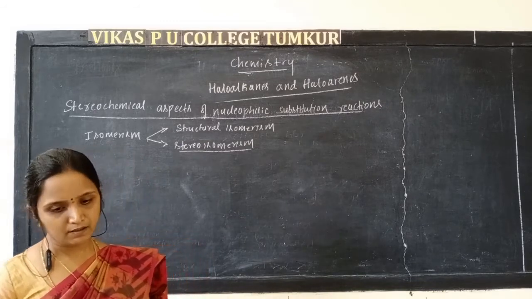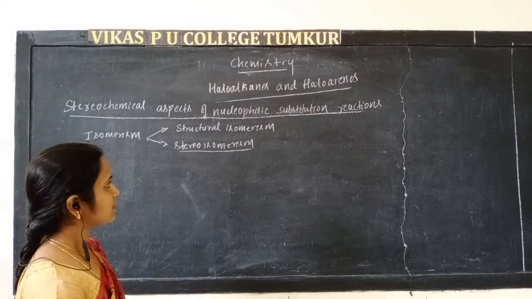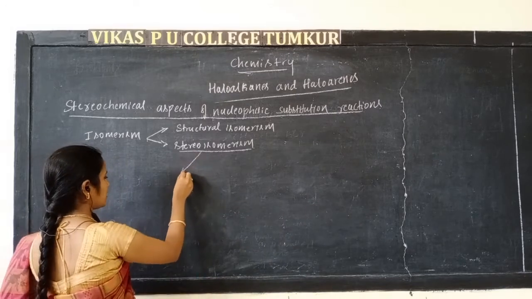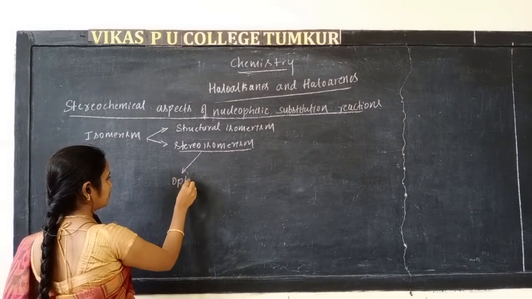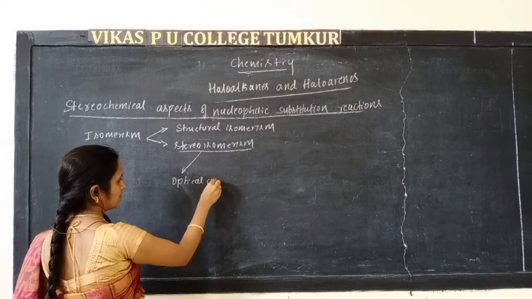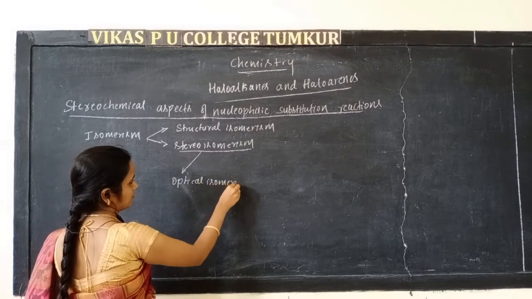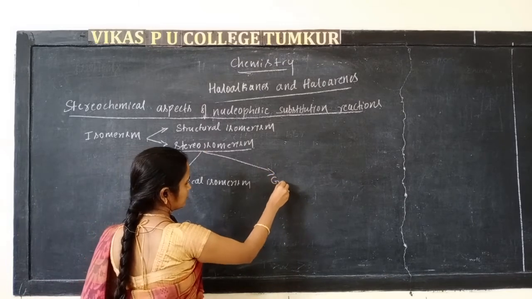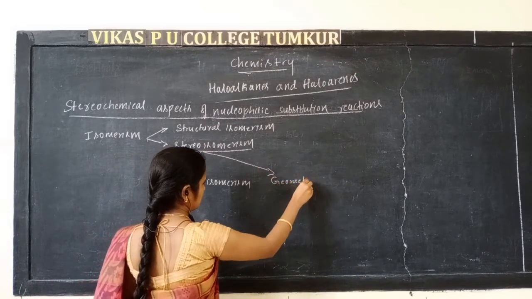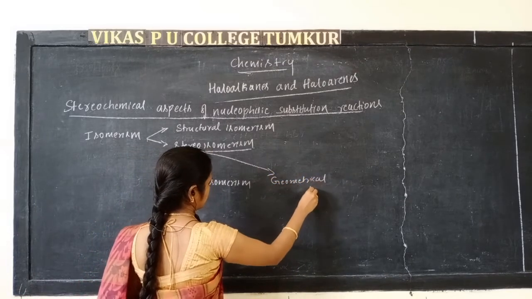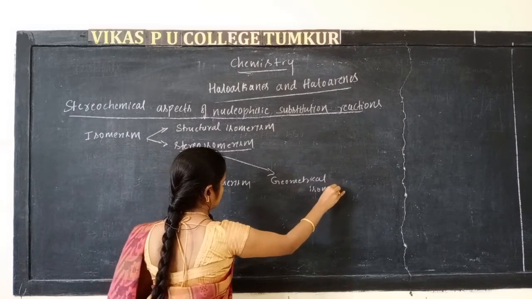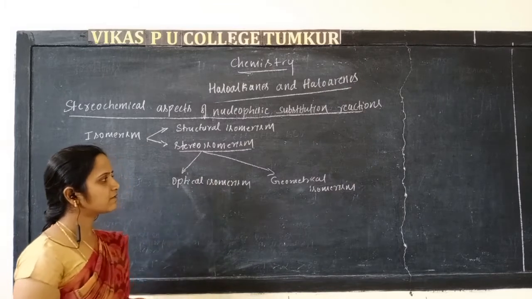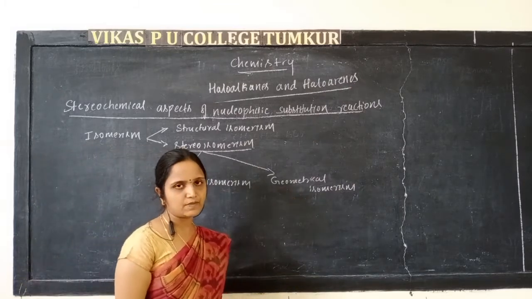There are two types of stereoisomerism: optical isomerism and geometrical isomerism.